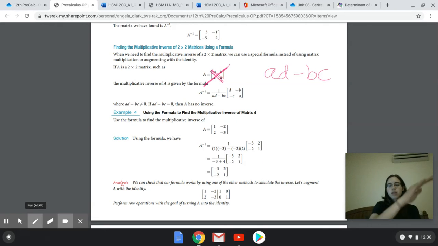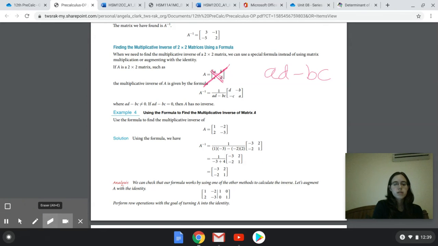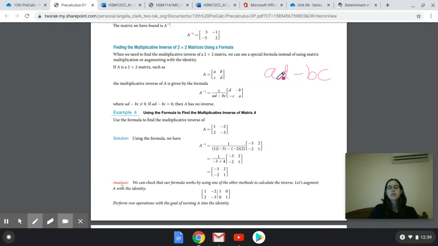So it's the diagonal starting in the top left-hand corner multiplied together minus the diagonal starting in the top right-hand corner multiplied together. So that's the determinant. So we're going to be multiplying our matrix by 1 over that determinant. And we also have to make this diagonal negative when we do this.